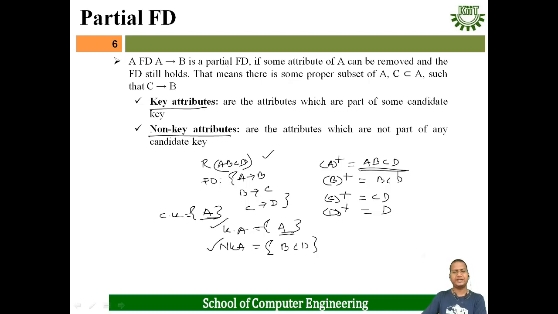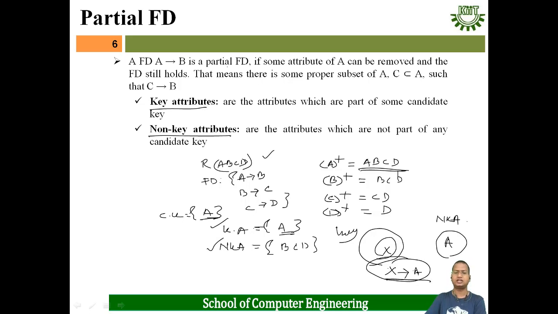Then what is partial dependency? I have already told you. Suppose this is the key attribute set. Suppose this X is part of the key, and suppose A is the non-key attribute set. Part of the key, this X determining A, that means part of the key attributes determining a non-key attribute is a partial dependency.